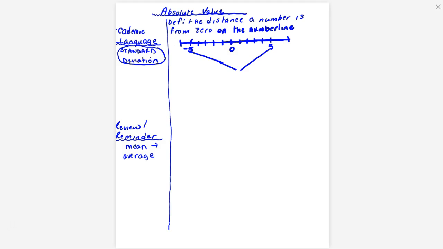But negative 5 is 1, 2, 3, 4, 5 blocks from 0, and positive 5 is 1, 2, 3, 4, 5 blocks from 0 also. So 5 and negative 5 have the same absolute value. So the absolute value of negative 5 is positive 5, and the absolute value of positive 5 is also positive 5. 5 blocks either direction.